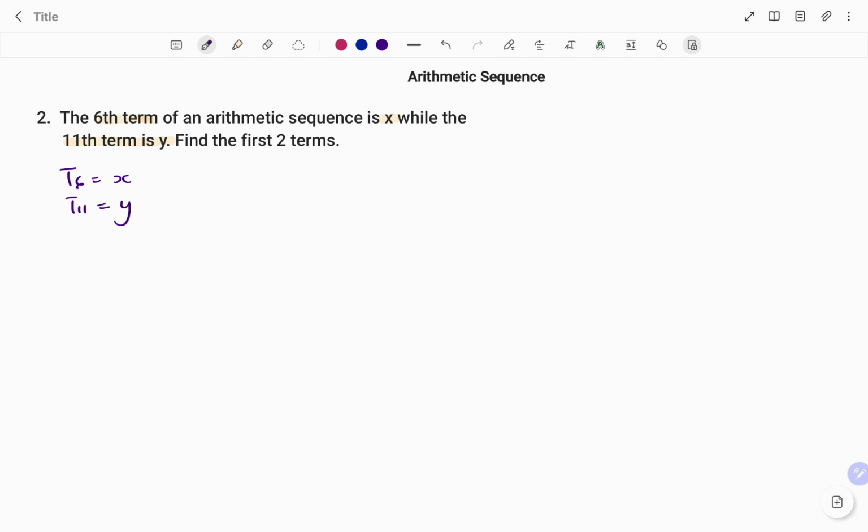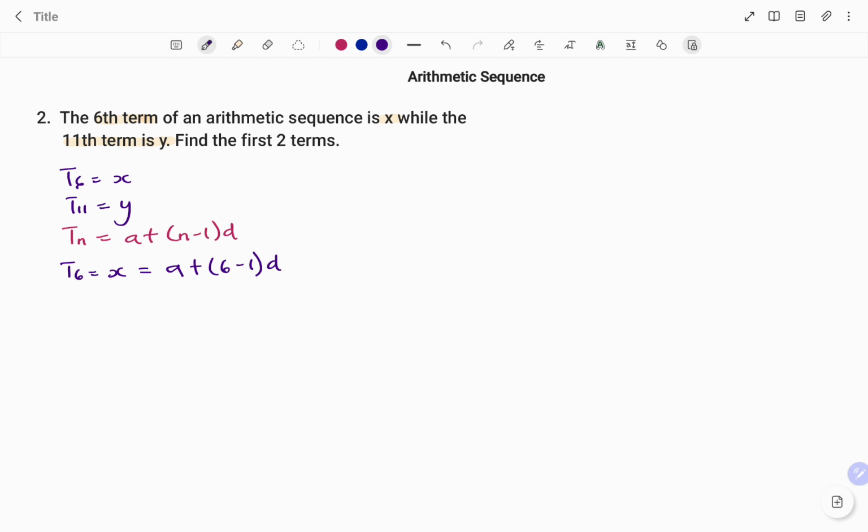Going back, we have Tn, that's the standard nth term, equals a plus n minus 1 multiplied by the common difference. If I slot that back into what we have at T6, I have T6 is equal to x, which is equal to a, the first term, which we were not given, plus we have n to be 6, so we have 6 minus 1 multiplied by the common difference.